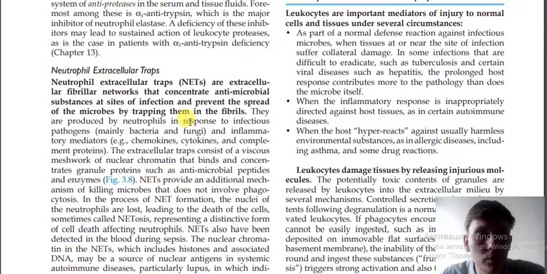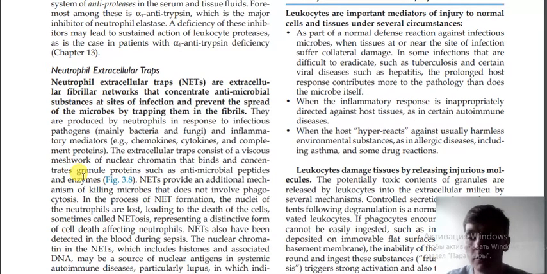These traps are produced by neutrophils in response to infectious pathogens, bacteria and fungi, and inflammatory mediators such as chemokines, cytokines, and complement proteins, as we discussed earlier. Extracellular traps consist of a viscous meshwork of nuclear chromatin that binds and concentrates granule proteins such as antimicrobial peptides and enzymes. So let's translate it into easy words.